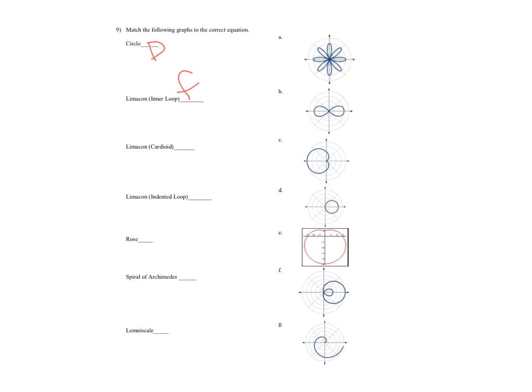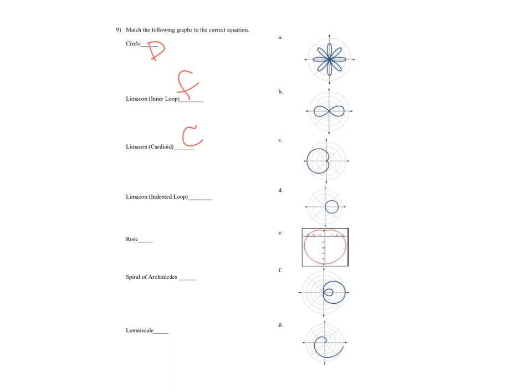The limaçon cardioid is the one that's heart-shaped. That's this one right here. It has the loop, but then it comes in and makes like a heart shape right here at the center. That's C. The limaçon with an indented loop looks almost like a heart, except it doesn't come all the way into the center.